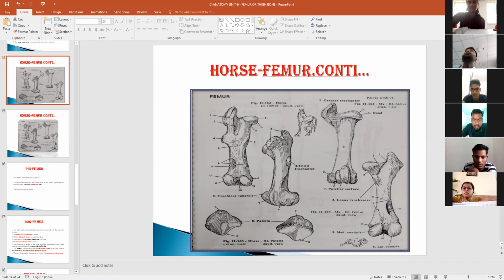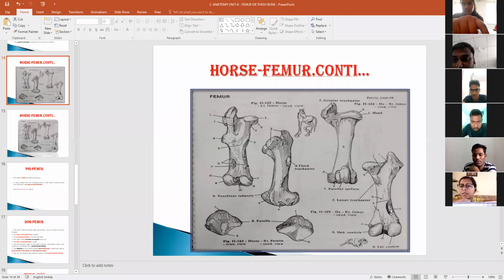Now the question is for roll number 271. Yes, sir. What is this? Supracondylar crest. This point where the cursor is located.